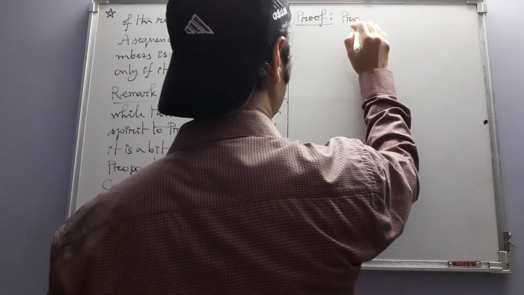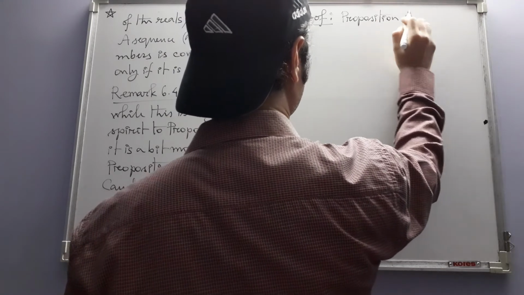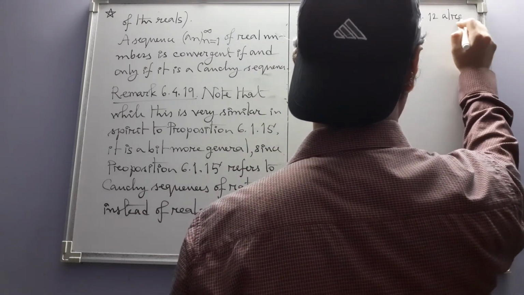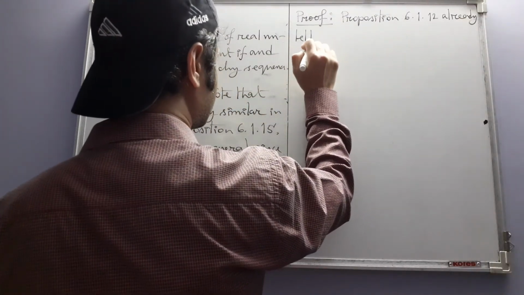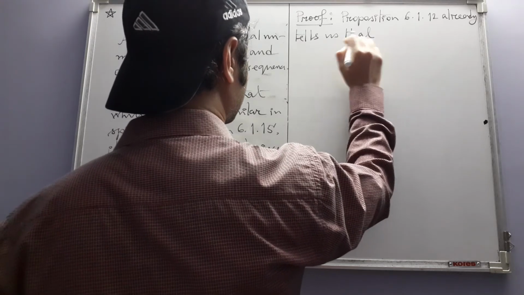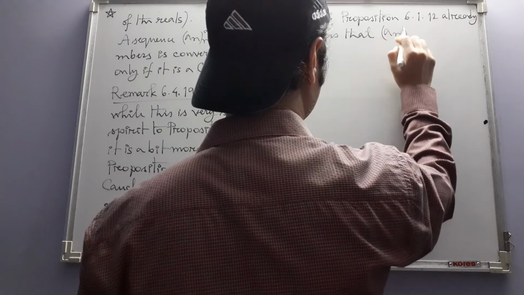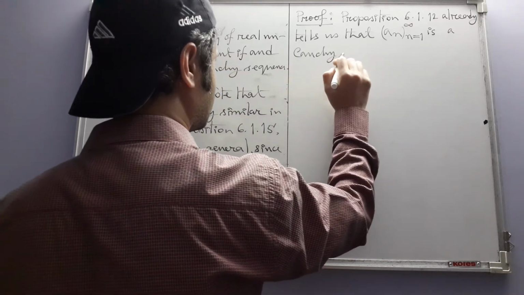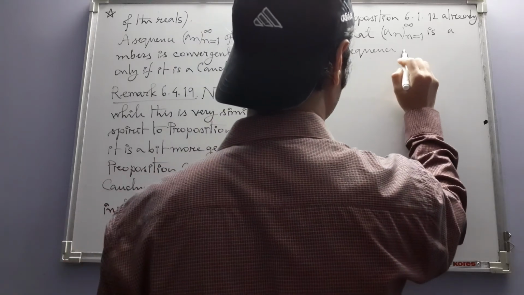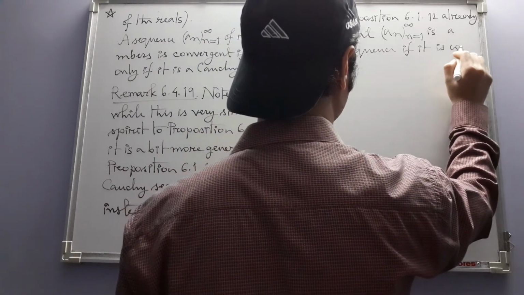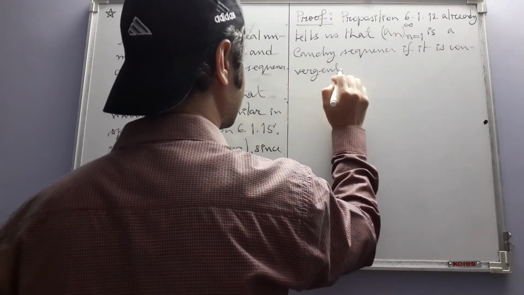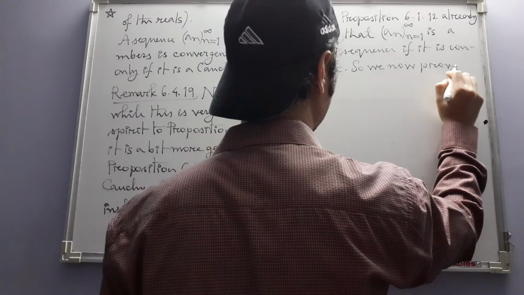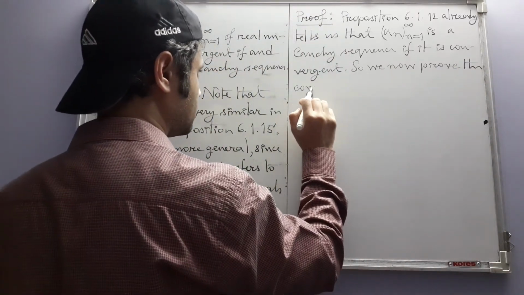Proposition 6.1.12 in the beginning section itself already tells us that a_n is a Cauchy sequence if it is convergent. So we now prove the converse.